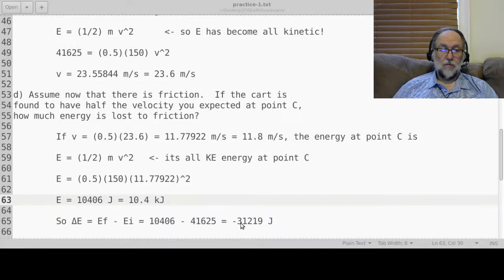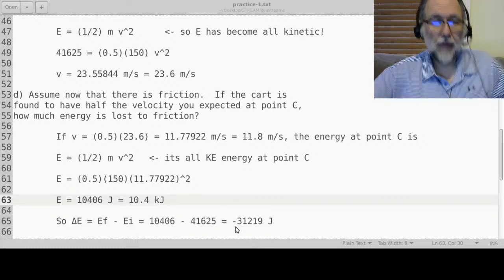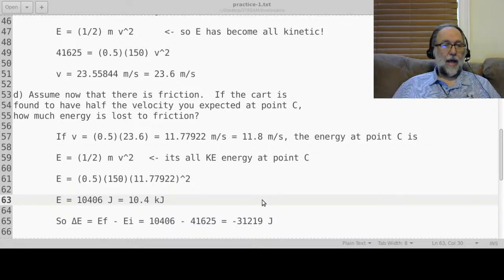So the difference between the two is negative 31,219 joules. The negative there means that the energy decreased, and that's what became heat. So there we go, and that answers this one. How much energy was lost to heat?